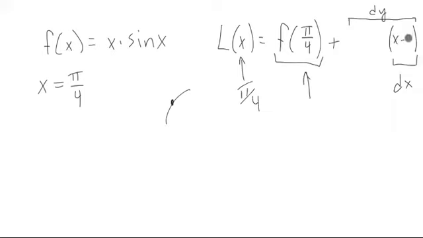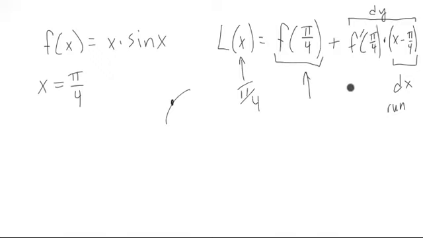So x minus pi fourths would be the positive or negative distance we are, or how much we've changed from pi fourths. That's our run. Then our rise is determined by taking that and multiplying by the slope, with the derivative right at pi fourths.